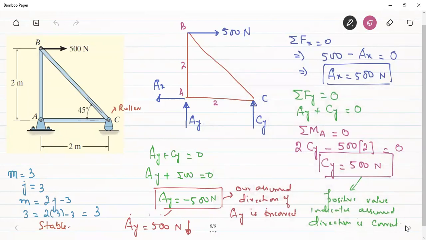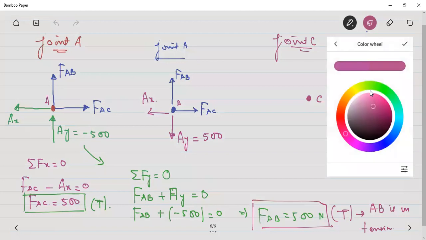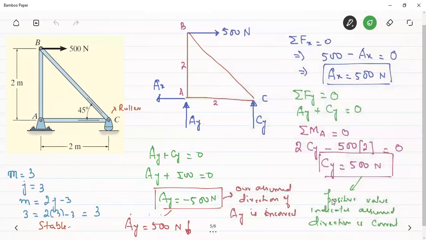AC will be shown away from the joint, because we got AC as positive, therefore it is in tension, therefore it will definitely be away from the joint. Here we have CY, and the force in member BC can be shown away from the joint.